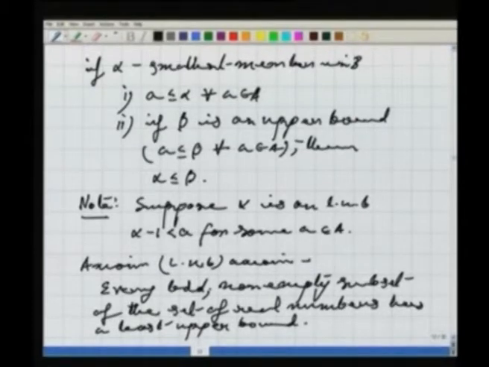This LUB, or least upper bound, which we have defined, is also known as the supremum, and the LUB axiom is also known as the supremum axiom or the completeness axiom or the completeness property.